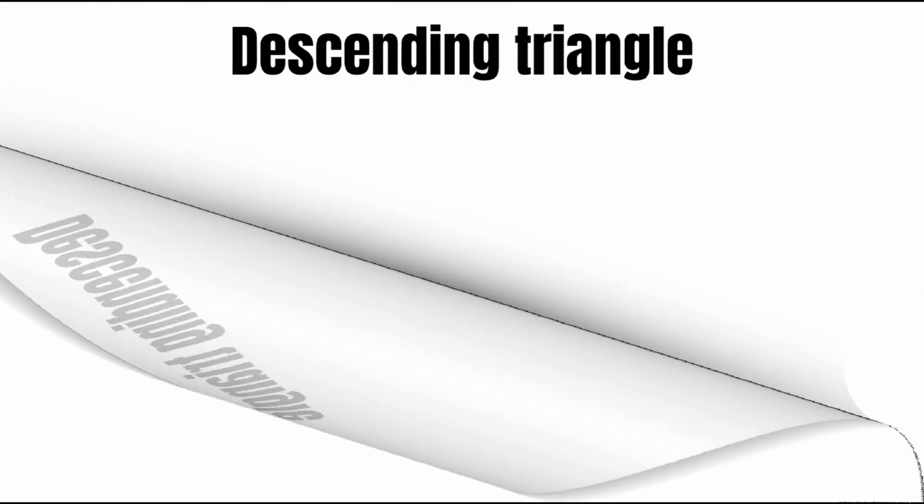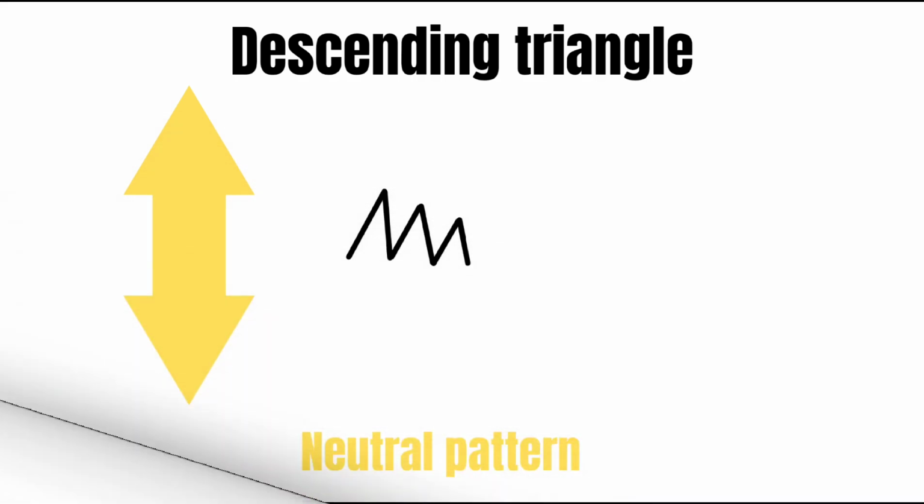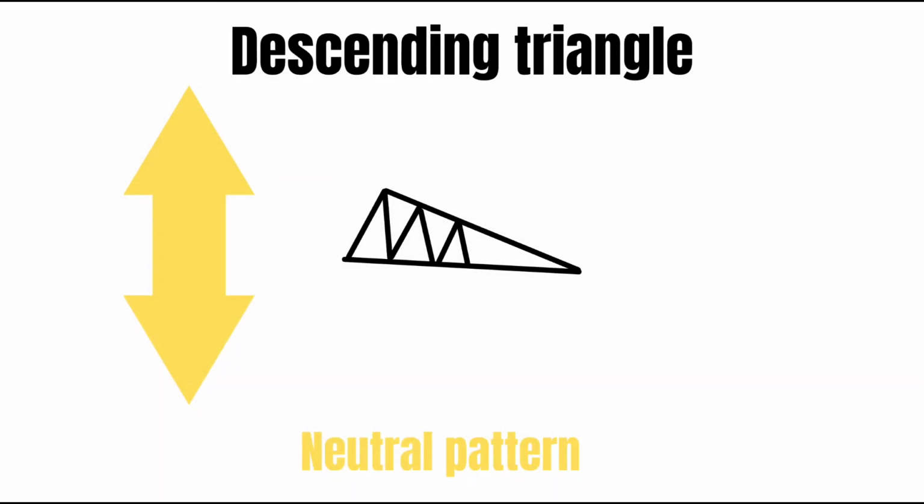In the case of the descending triangle, we have the exact same situation. The only difference is that the upper line of the descending triangle is downsloping and the lower line of the triangle is horizontal. Again, since this is a neutral pattern, the trader must pay attention to where price breaks the pattern.